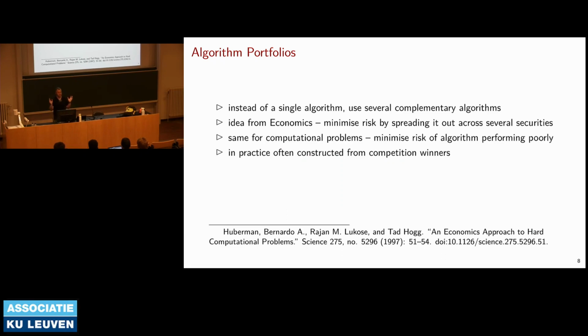Is there Tesla coin? If not, you heard it here first. So you want to spread it out so you minimize the risk of going bankrupt because somebody does something that causes the price of Bitcoin to go down. Same thing here. We want to spread out the risk of bad performance over multiple algorithms, so that we don't put all of our eggs in one basket.